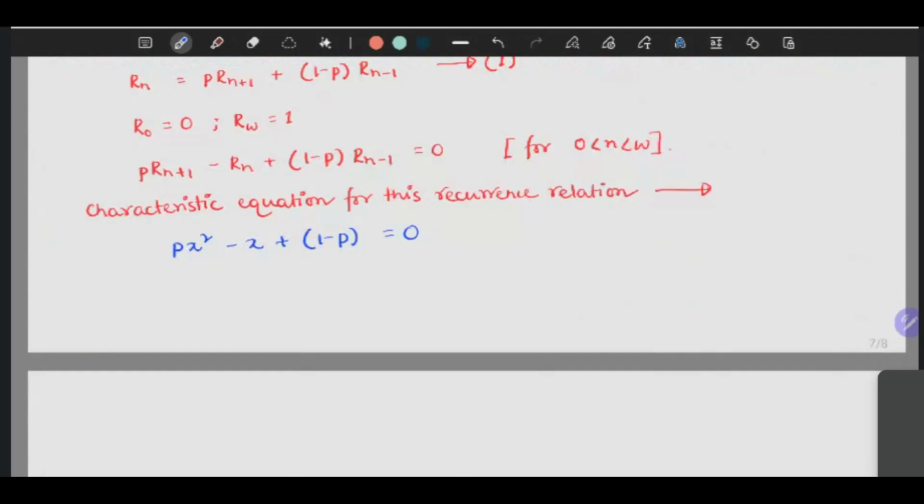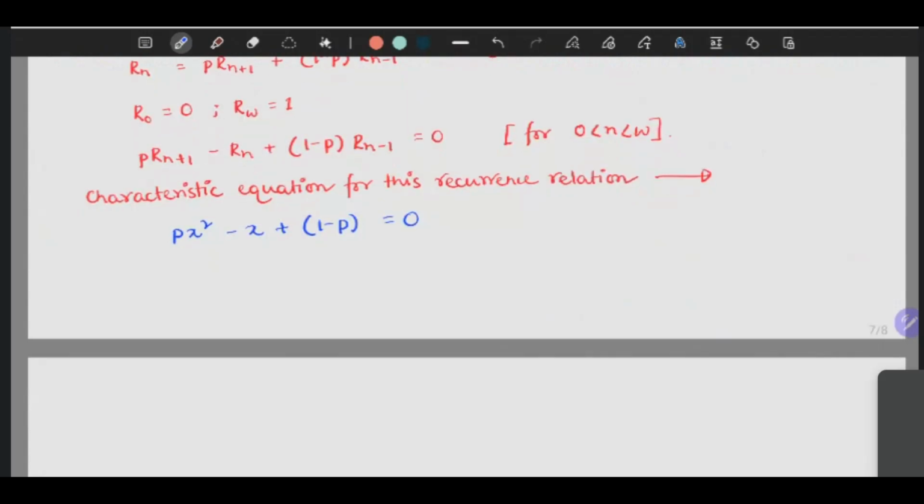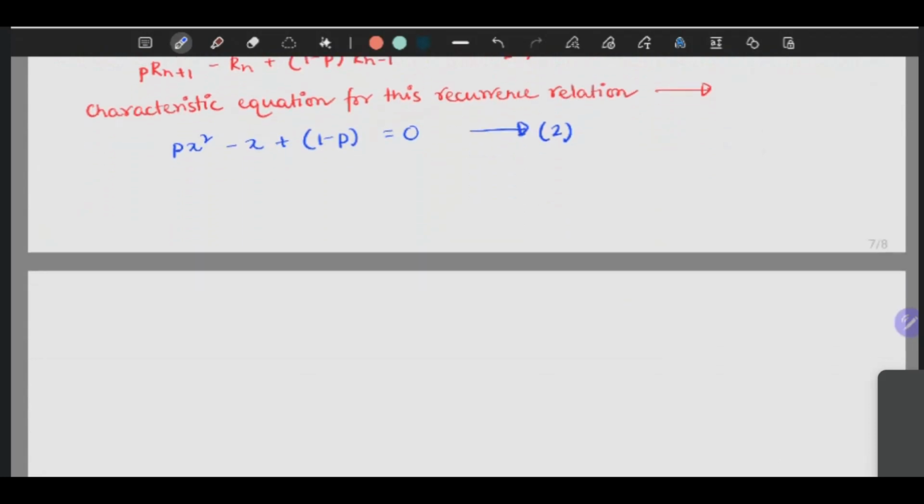So basically if you solve it, the quadratic formula, we call it Sridharacharya's formula, gives us the solution.